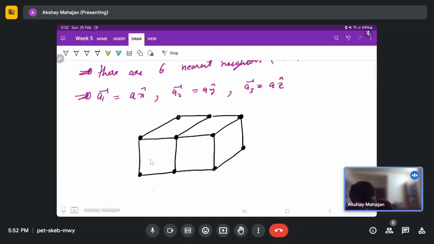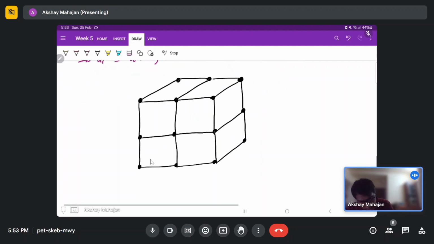Then you can make similarly, I can just extend it here, and this will be like my cube. And then you can extend it further, something going outwards you will have one, and going inwards as well you will have one. There will be one here as well.